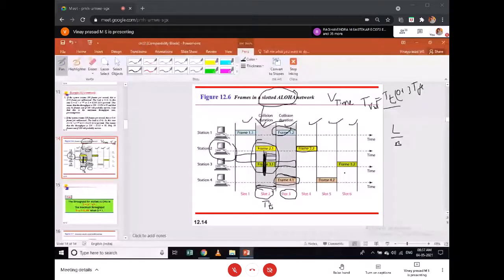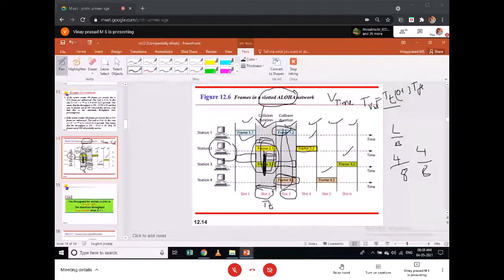Out of 8 frames, using slotted ALOHA, how many survived or were completely transmitted? This one, this one, this one, and this one. So out of 8 frames, 4 frames successfully completed their transmission. Another 4 frames were involved in collision. See this two and this two.